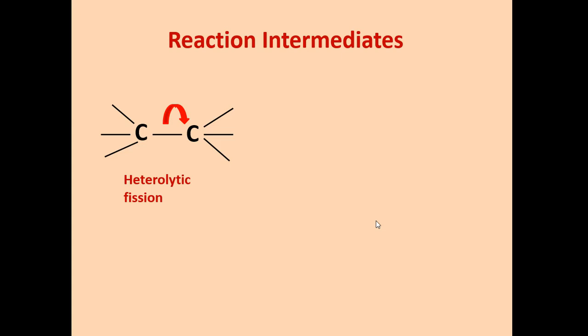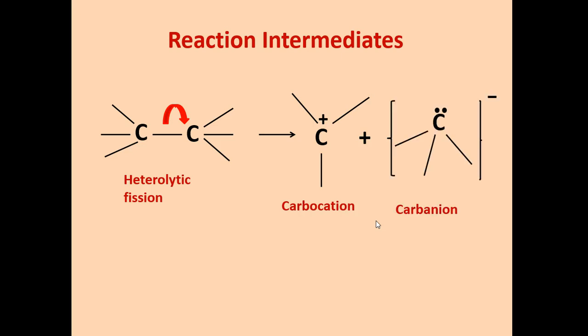The carbon on the right side will have two electrons, whereas the carbon on the left side will carry a positive charge, and the carbon containing the positive charge you call a carbocation or carbonium ion. The carbon on the right side carries the lone pair of electrons and is known as a carbanion, and it has a negative charge.